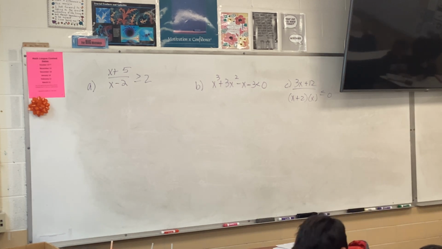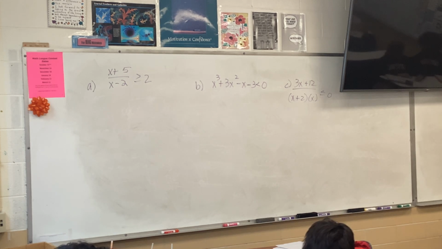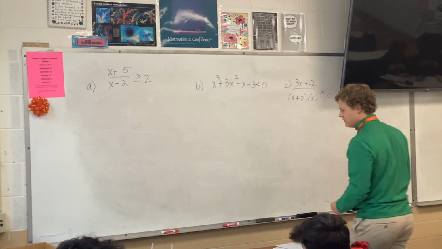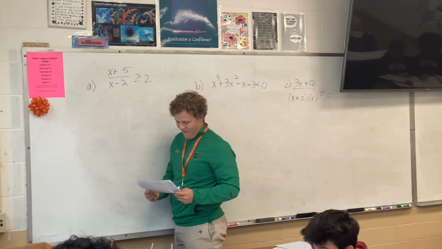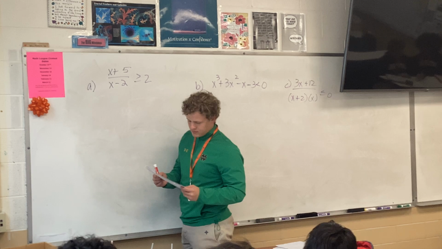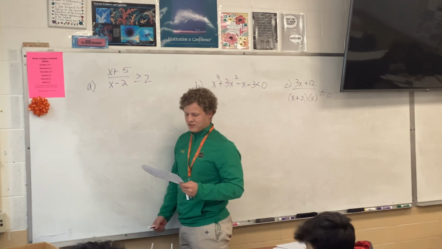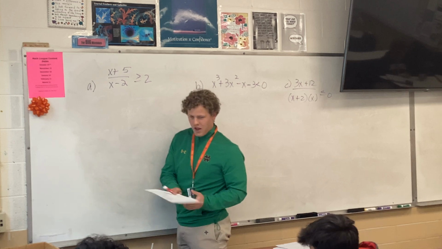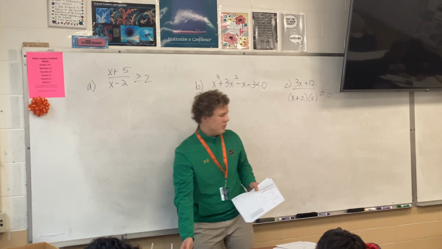Y'all have courage, go up there and put it on the board. Wait, no, that makes sense, because 0 doesn't. Is this what you got? Negative 1 times positive 1. Negative 1.